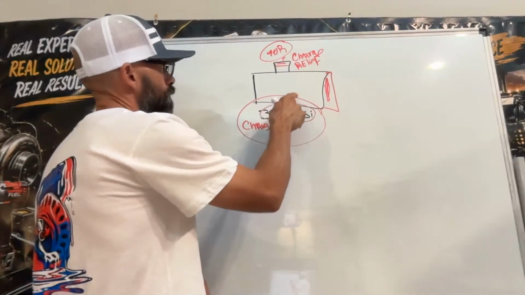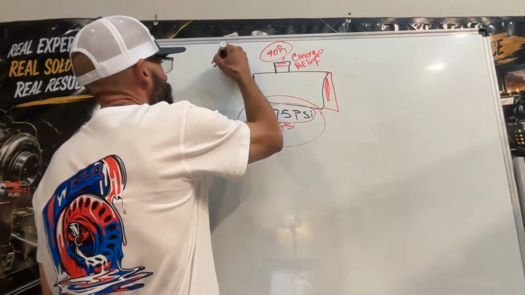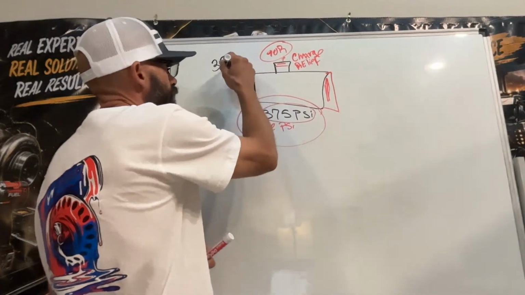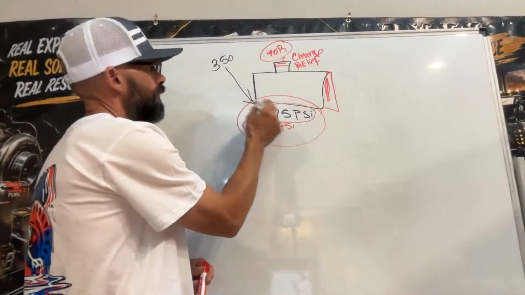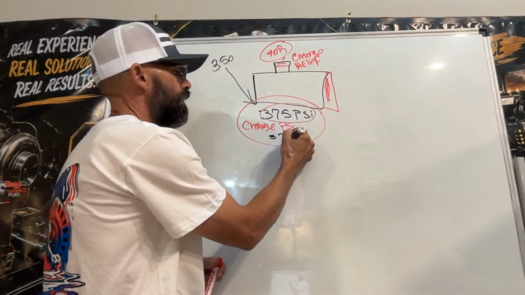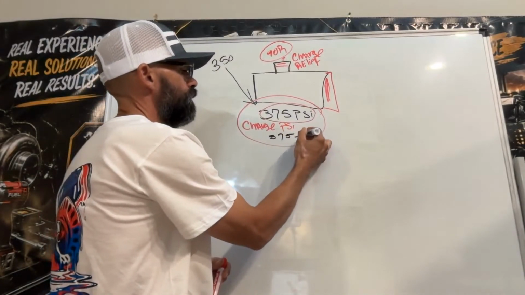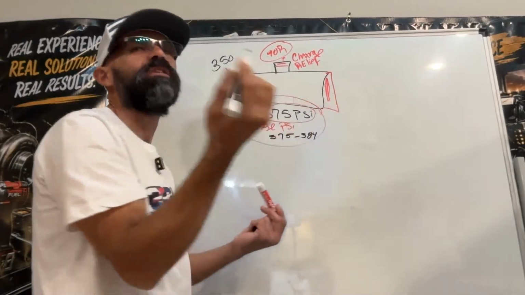So you were getting 350, it calls out for 375. Now you adjust it and you're at 375, and then it bounces back and forth from 375 through 385, 384.